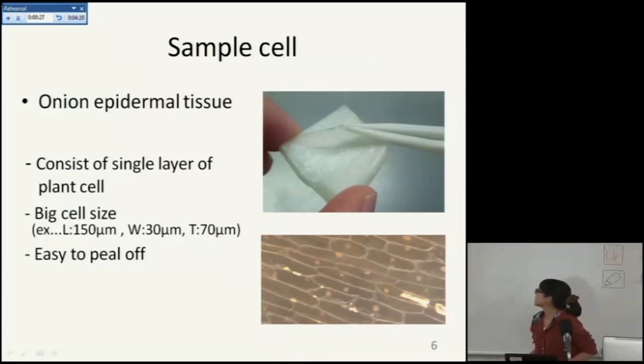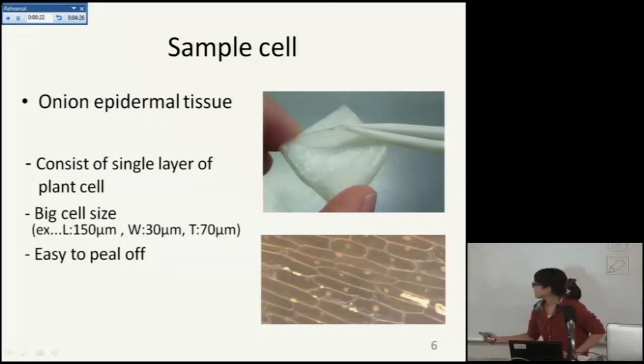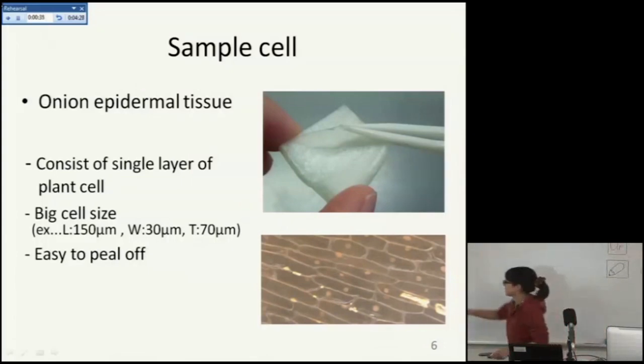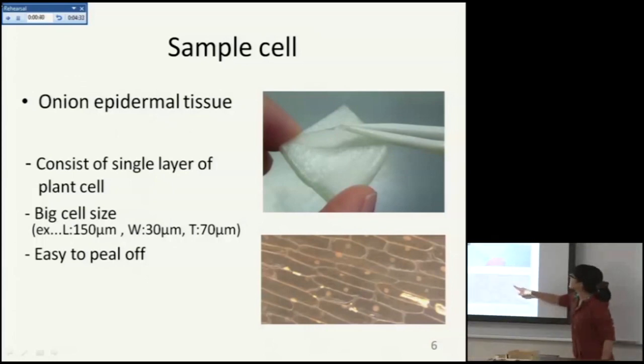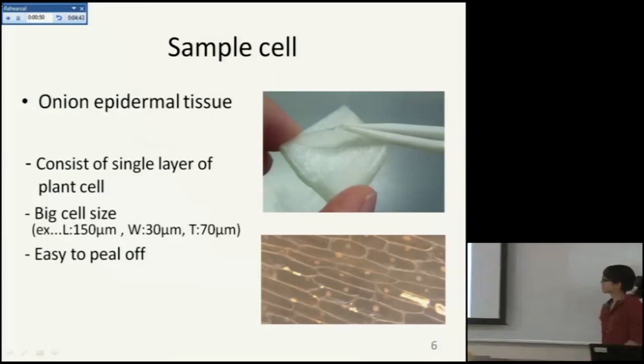And the picture below is an image taken by the microscope. Each of these is a plant cell, and this partition is the cell wall, and this little circle is the cell nucleus.